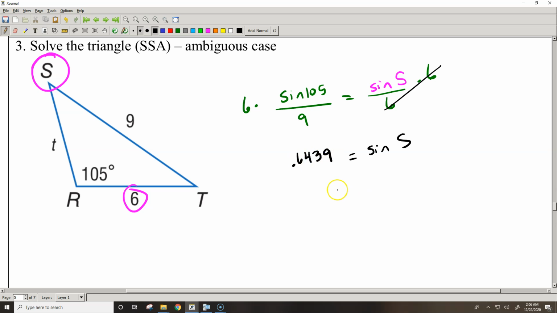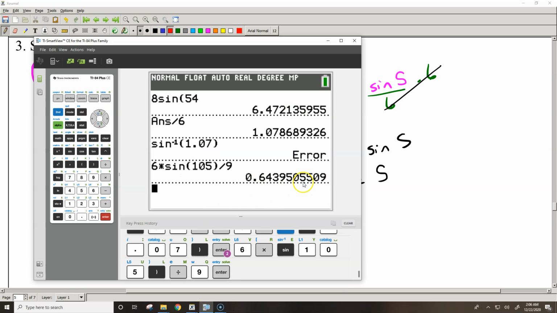Okay, that's an approximation. If I'm going to solve for the angle, now I'm going to take an inverse sine of that. So I'm going to take inverse sine of the 0.6439. And the best thing to do is just leave that answer in your calculator and do second sine, so sine inverse, and then just select the answer.